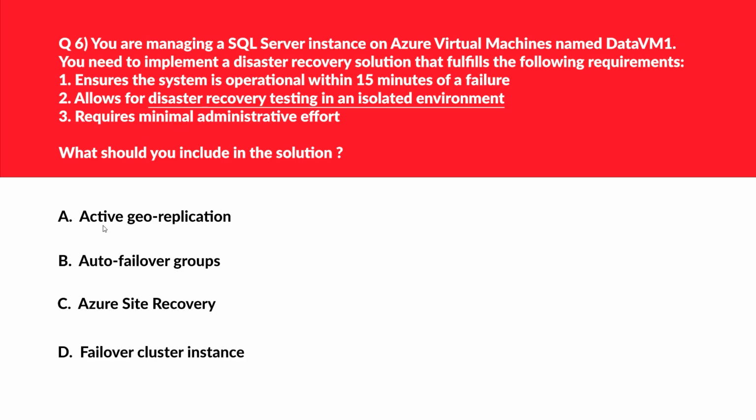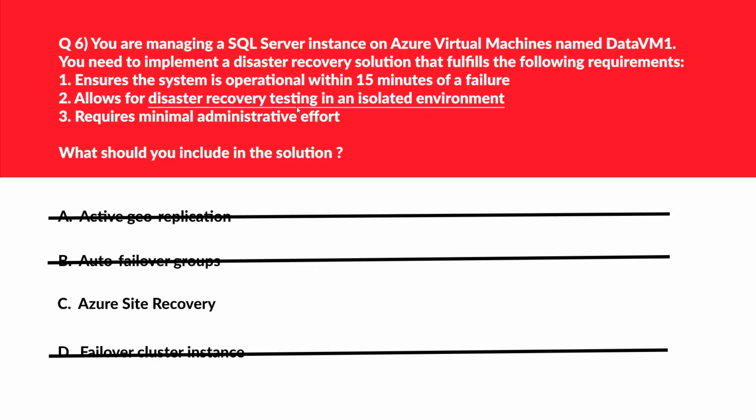Let's look at options A, B and D together. A says active geo replication, B says auto failover groups, and D says failover cluster instance. If you look at all these 3, these do not support the main thing, that is isolated disaster recovery testing, which is mentioned in the question as point number 2 criteria.